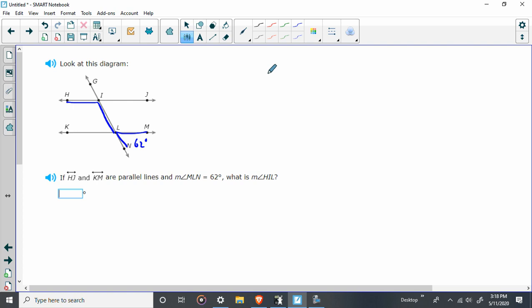So what do we know? We know that angle MLN plus angle HIL equals 180 degrees. If I know MLN equals 62, what do I have to add to 62 to equal 180? It's pretty straightforward.